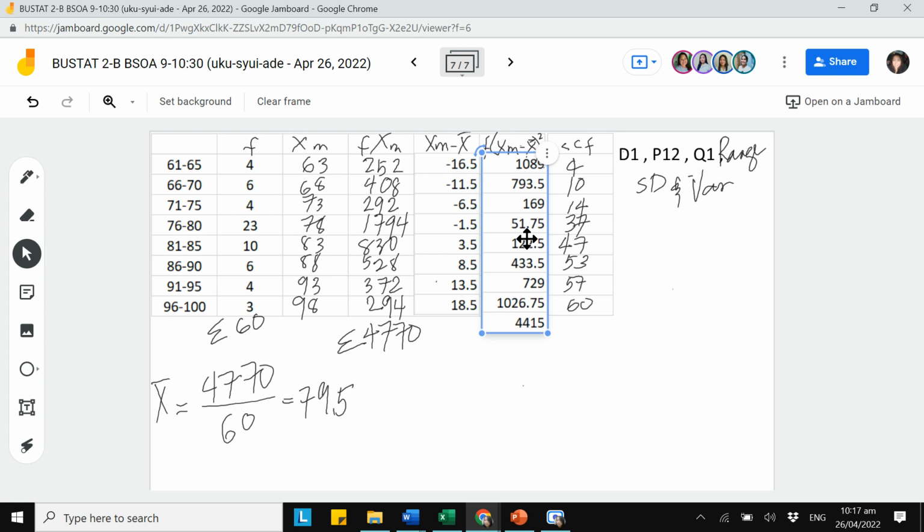Ayan. Ito na yung summation ng FXM minus mean squared. Ayan. Sige. Si Gia and then Salvilia.